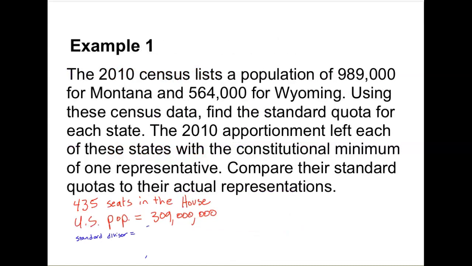So that's going to be my 309 million divided by my 435 seats, which if we pop that into our calculator, gives us approximately 710,000.